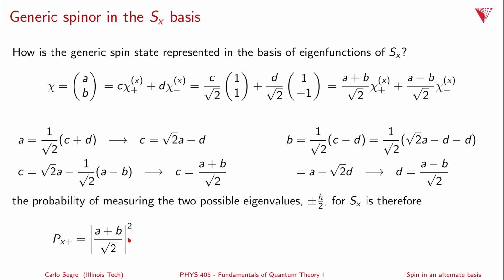A and b could be complex, so this is the modulus squared of a plus b, divided by 2. Similarly, P x minus is equal to a minus b over the square root of 2 modulus squared, or the modulus squared of a minus b, divided by 2.